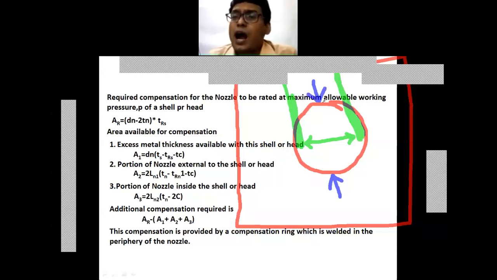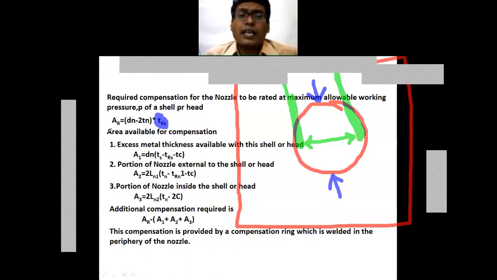That is, the cut diameter is different and the nozzle diameter is different, and there is the plate thickness. So this much amount of area is removed.